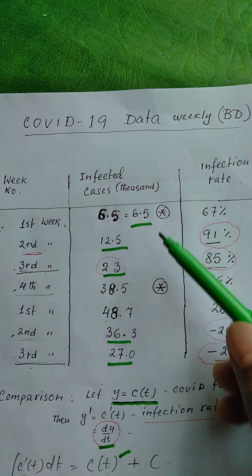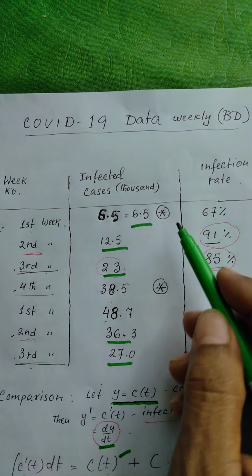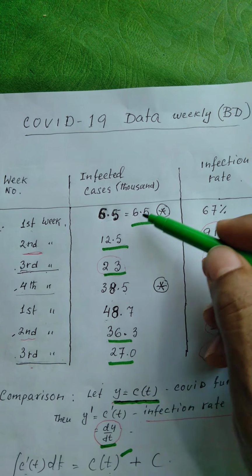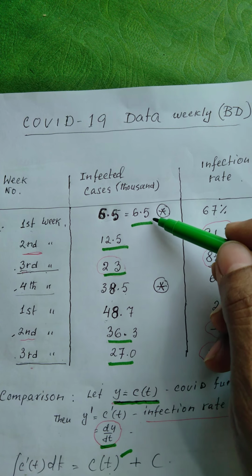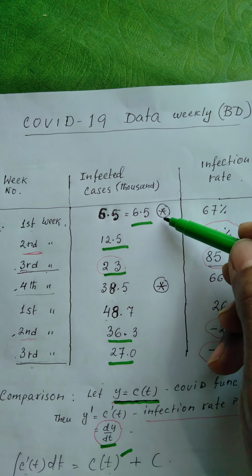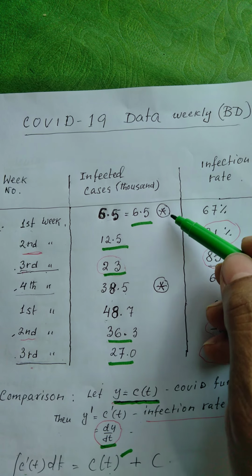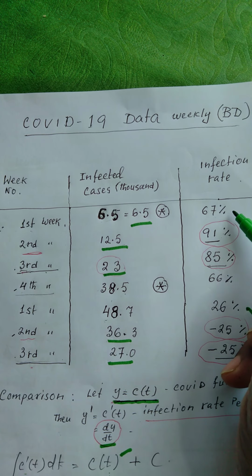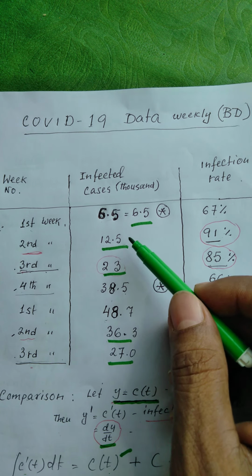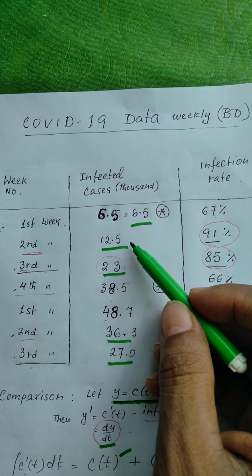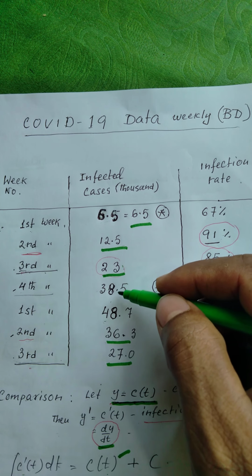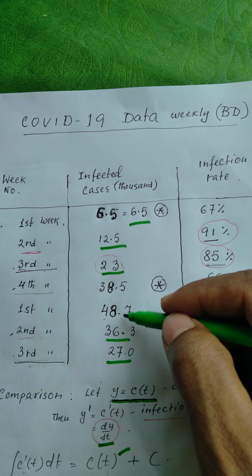The data is weekly. For the first week in March, the infected people were 6.5 thousand, and compared to the previous week, it was a 67% infection rate. In the second week, this was 12.5 thousand infected people, then the third week 23,000, then the fourth week 38, and then 48.